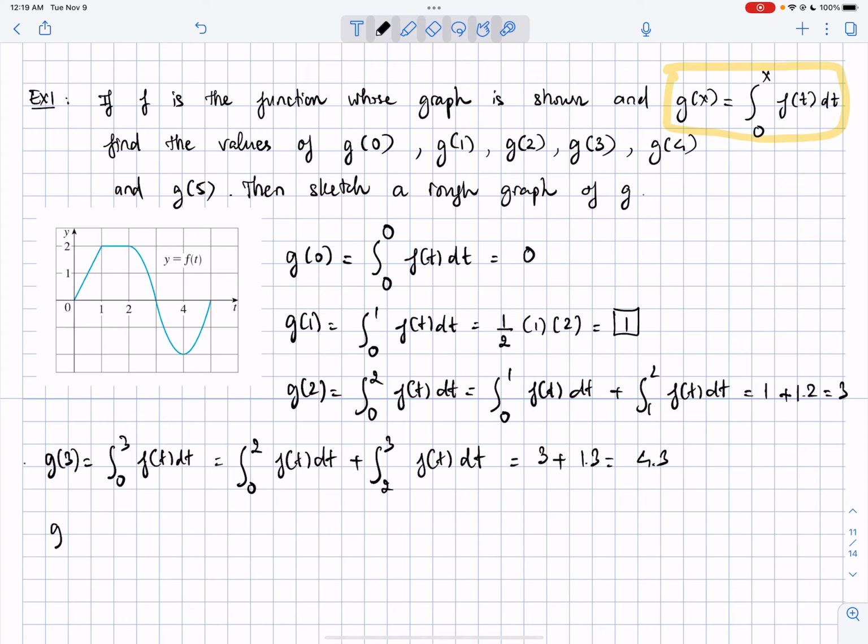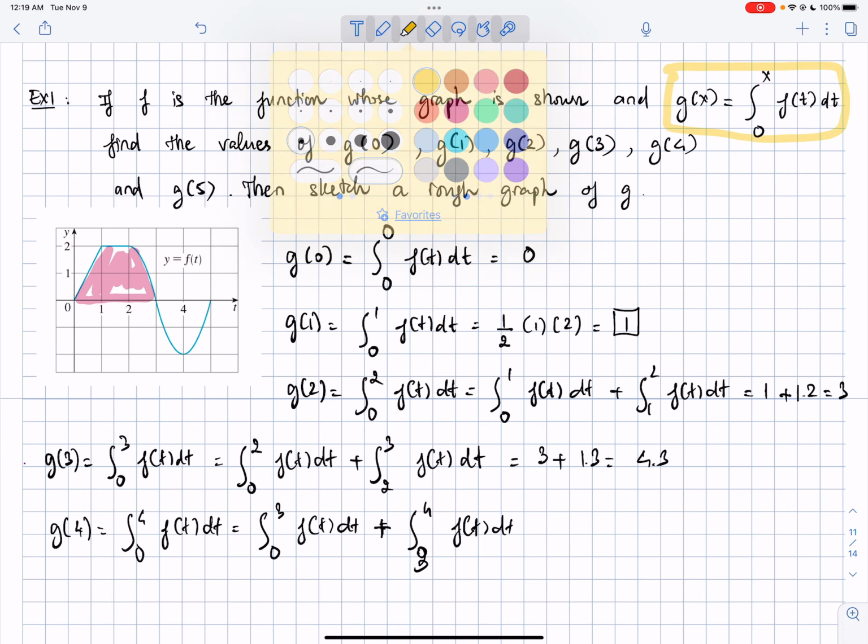Now we have g of 4, from 0 to 4 of f of t dt. That means we can begin from 0 to 3 of f of t dt, which is the area of this shape, and we just did that in g of 3, plus from 3 to 4 of f of t dt, which is the yellow, right?